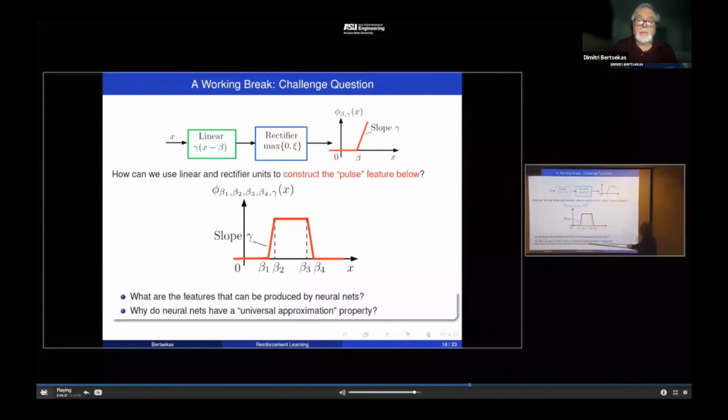And let's ask also the question, since you have this capability, what are the kind of features that can be produced by neural networks, at least in the scalar case, scalar x that I have here? And then go even further, why do neural networks have a universal approximation property?